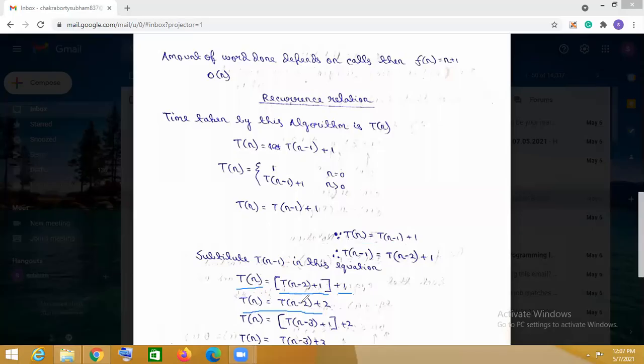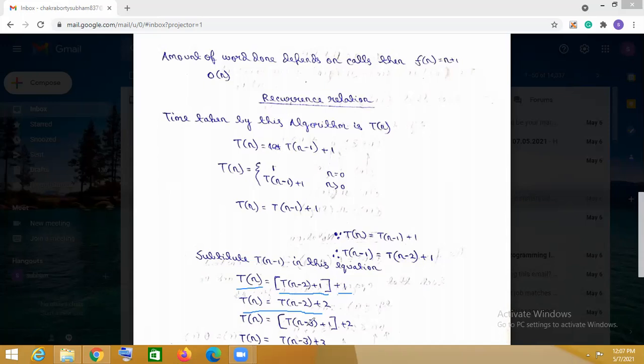Now I have to substitute again. For Tn minus 2, in case of n, we write n minus 2, so this will become Tn minus 2 minus 1 plus 1.